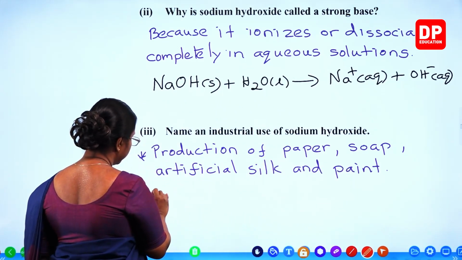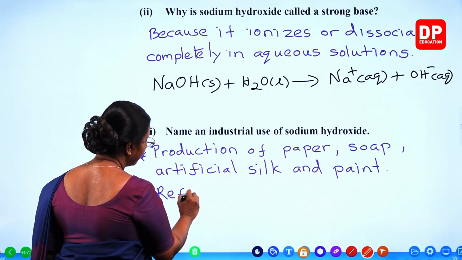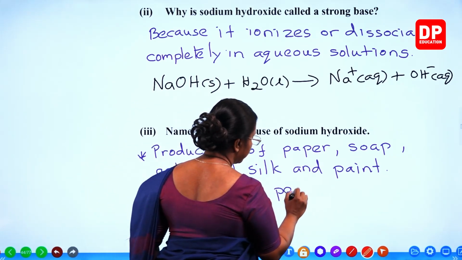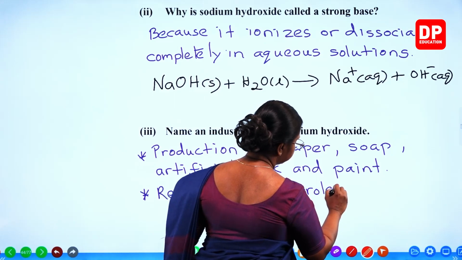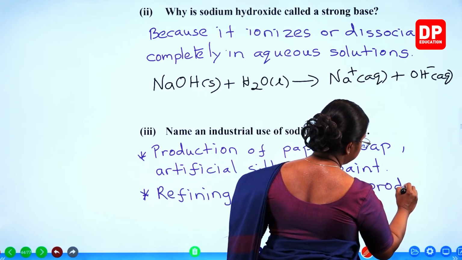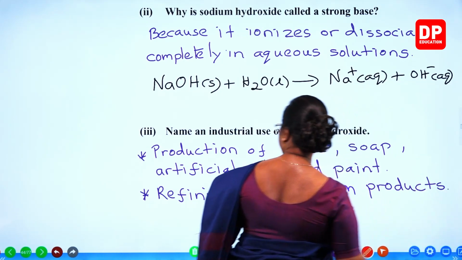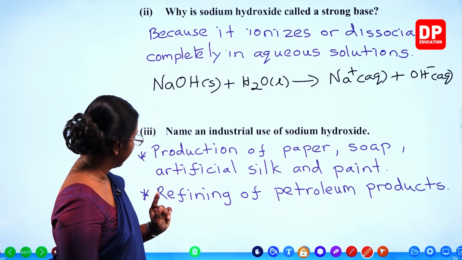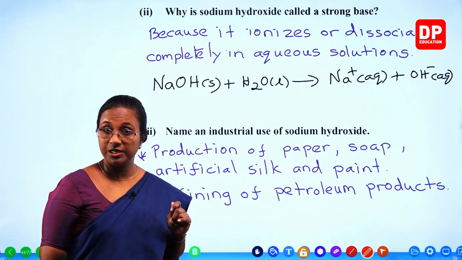And it is used in refining of petroleum products. So, producing paper, soap, artificial silk and paint, and also refining of petroleum products.